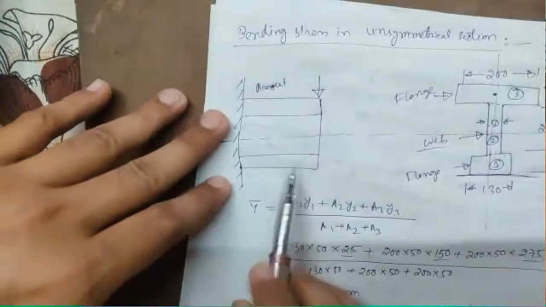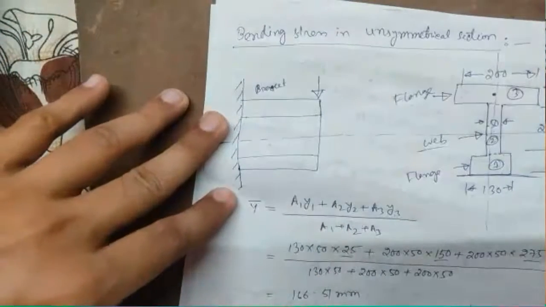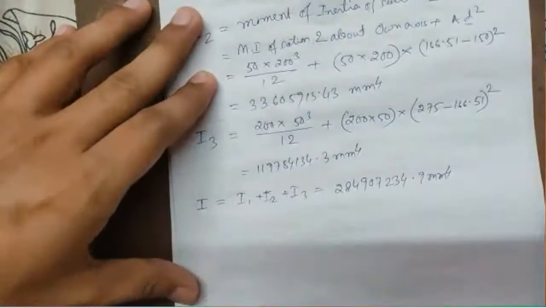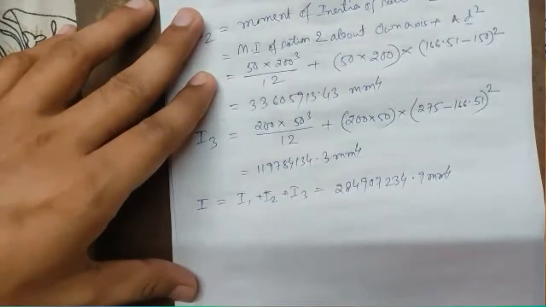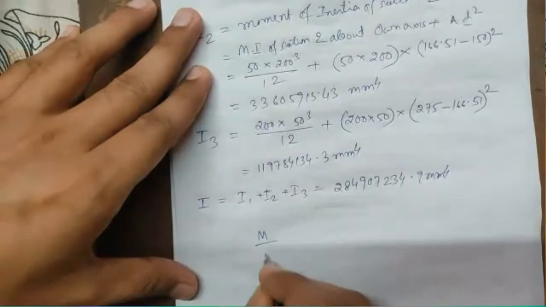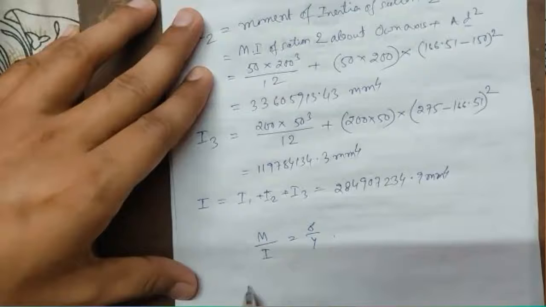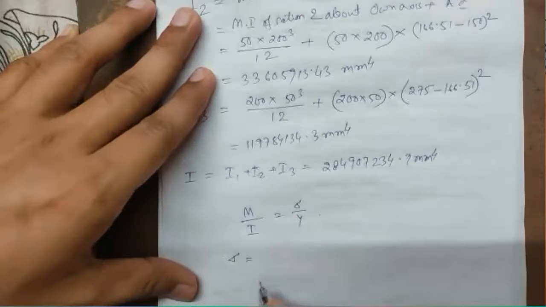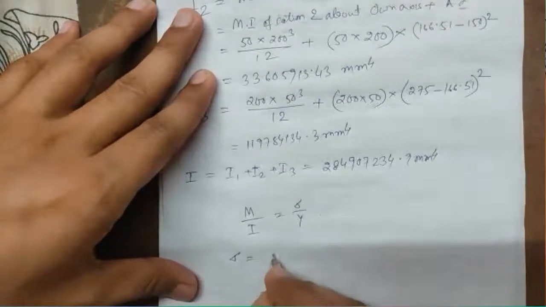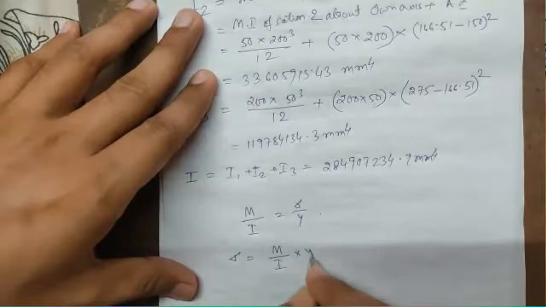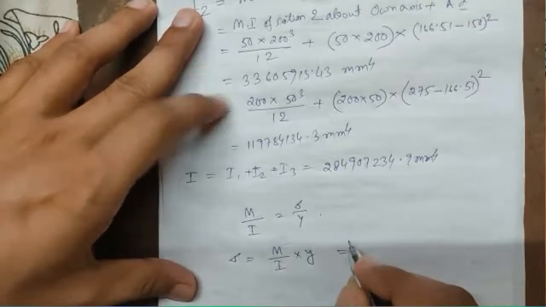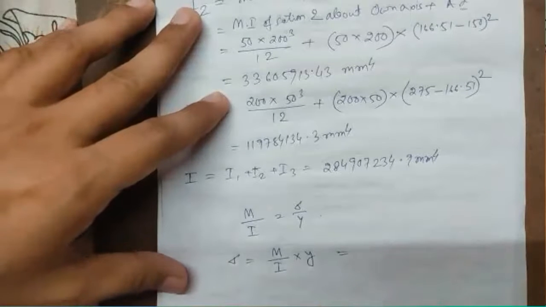So at the bottom face, for this type of loading, there will be compressive stress. Now we have to find out the value of compressive stress, and for that we will use the bending equation, which is M by I is equal to sigma by Y. From here we have to find bending stress, which can be written as M by I into Y. By putting the values, M is given as 40 mega Newton millimeter.